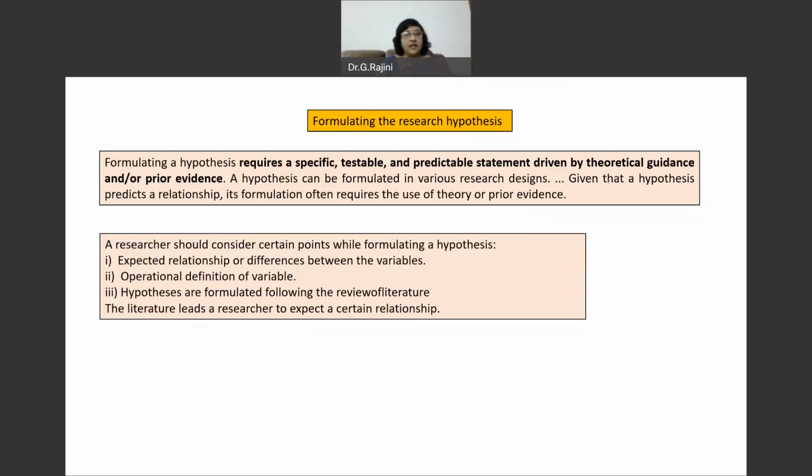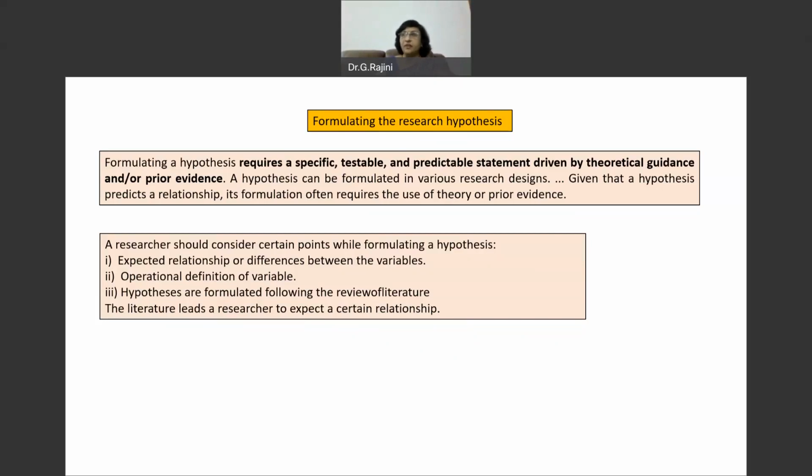So expected relationship or differences between the variables, then operational definition of the variable. Okay, so when we talk about job satisfaction policy, we always say that job satisfaction should be there for all employees working in all the departments. Okay, that is what the theory says.